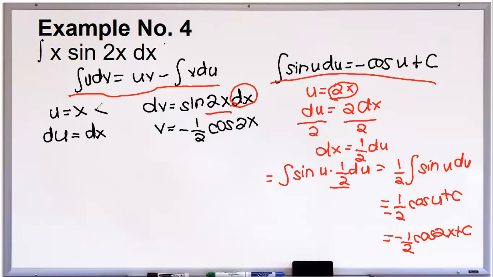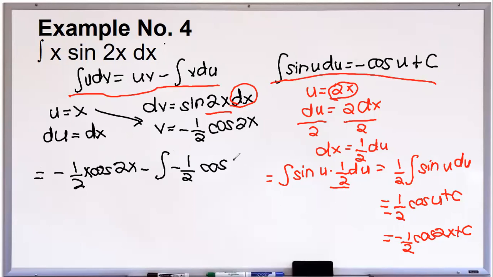So u times v, so magiging negative 1/2 x cosine of 2x minus integral of negative 1/2 cosine of 2x dx.